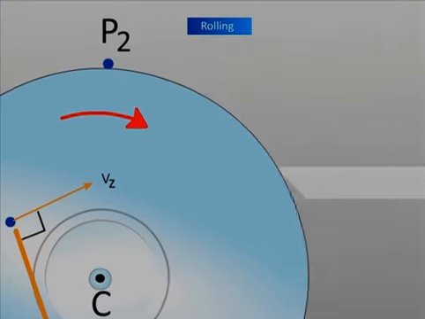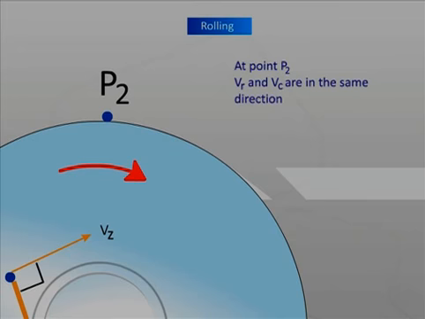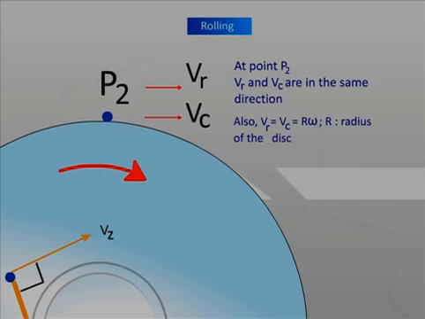On the other hand, at point P2, both Vr and Vc are in the same direction. Their magnitudes are also equal to r omega.